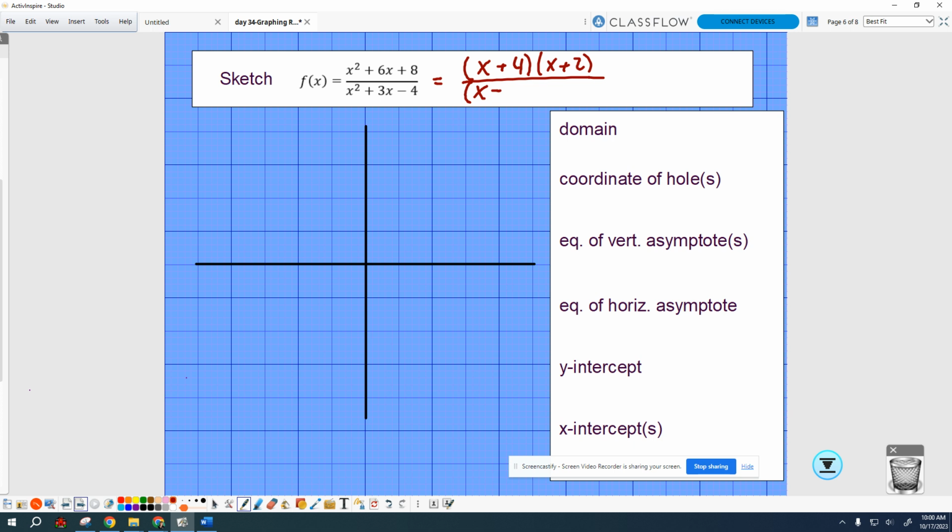It would be x minus 4 and then x plus 1. Sorry, the signs are backwards, so you're close. x plus 4, x minus 1.